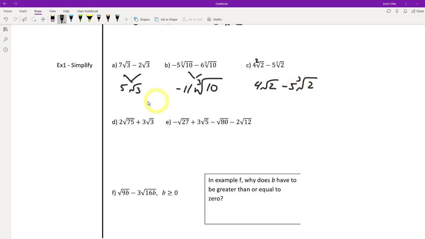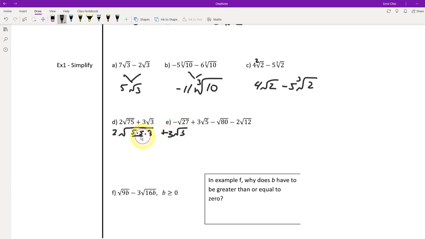Okay? Now, here we have 2 square root 75 plus 3 square root 3. It looks right now like you can't add or subtract them because the radicals are different, but in fact, you can simplify this mixed radical. 2 square root 75, from our previous lesson, can be written as 2 square root of 5 times 5 times 3, plus 3 square root 3.